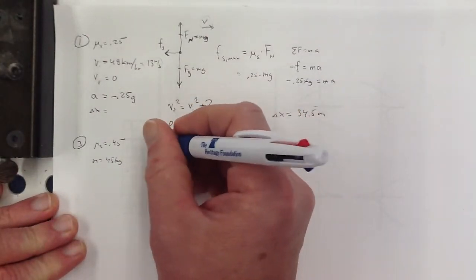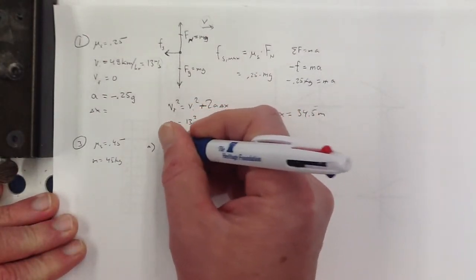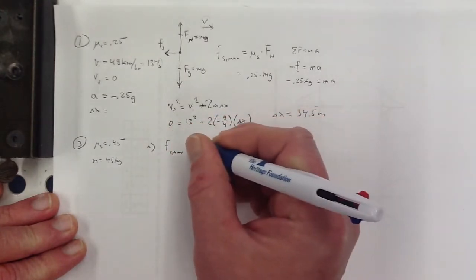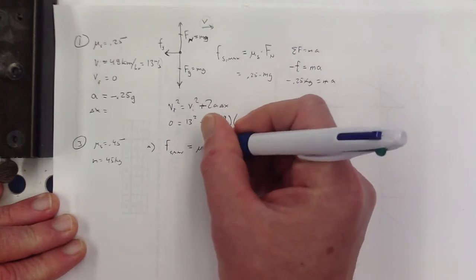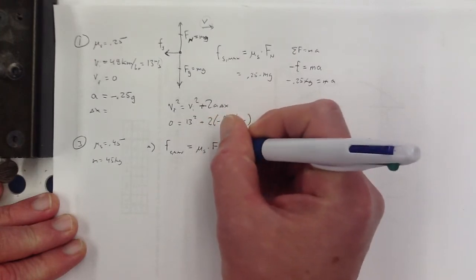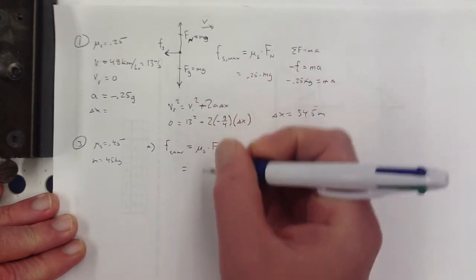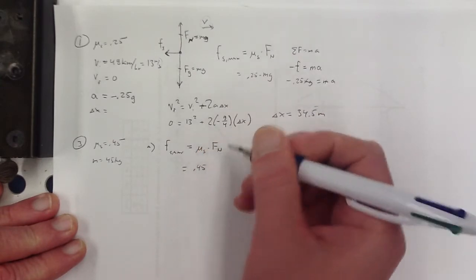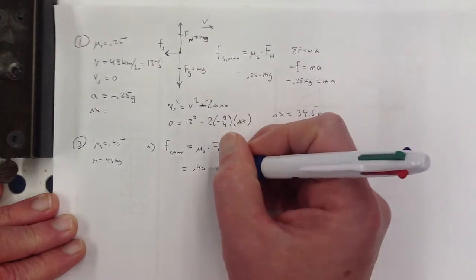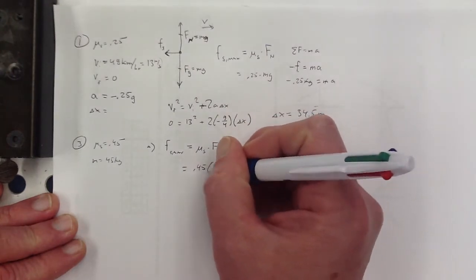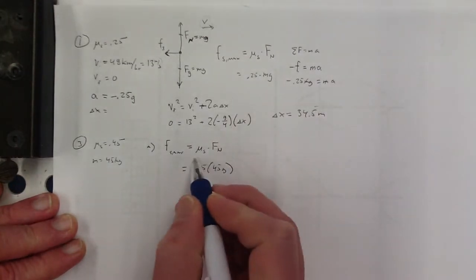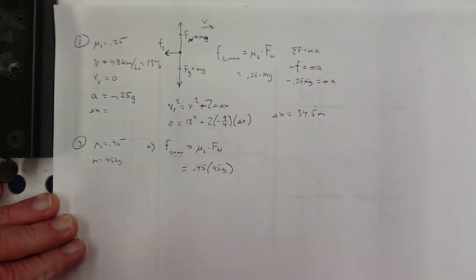So the maximum static friction force is the coefficient times the normal force, and that coefficient is 0.45, and the normal force would be equal to mg. So that's the maximum friction force.